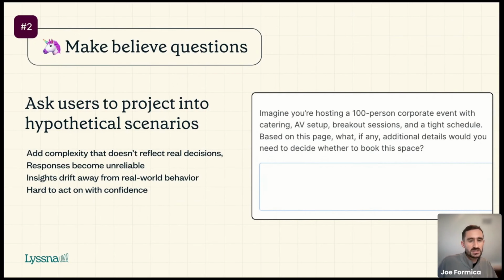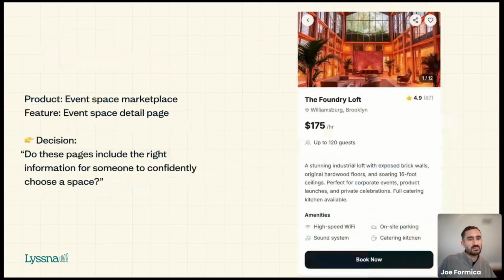The responses become unreliable. Insights drift away from real world behavior, and they're hard to act on with confidence. You don't know how well that scenario aligns with their day-to-day experience, and you don't know how much they're answering from their own experience or how much they're answering to play along or to go along with the criteria that you're providing them.